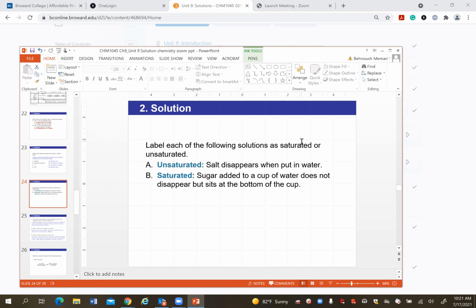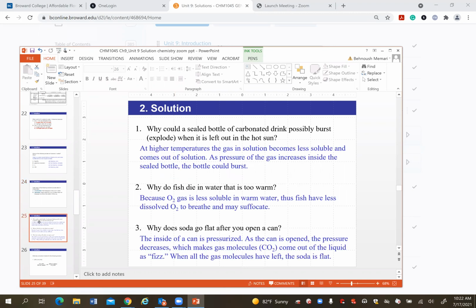So the colored text here is actually the answer. But for the other PowerPoint, you have the questions and answers in separate slides. But when you add sugar to a cup of water that does not disappear and it sits at the bottom of the cup, that means that solution is already saturated. Okay.